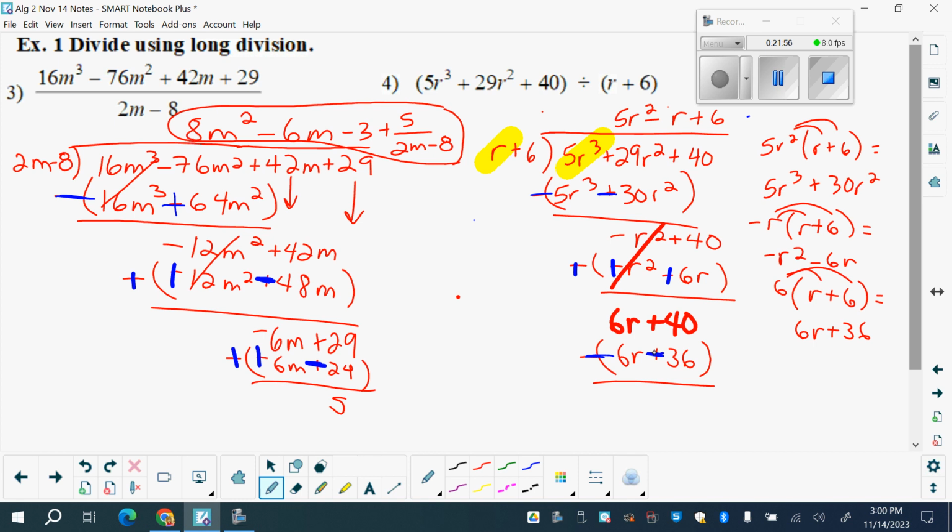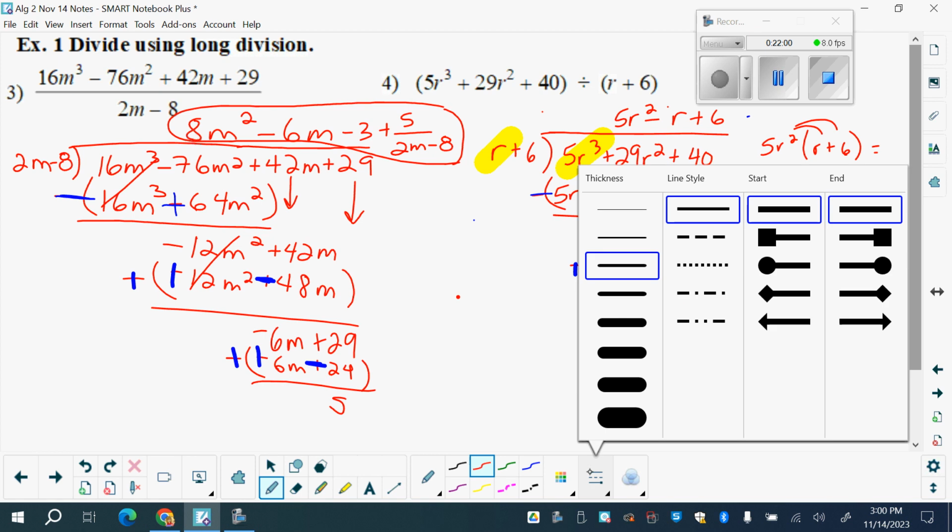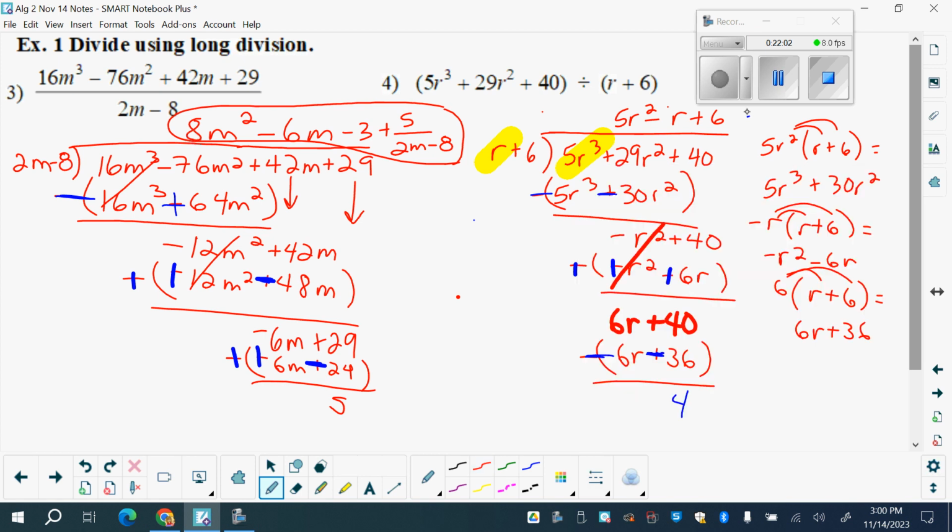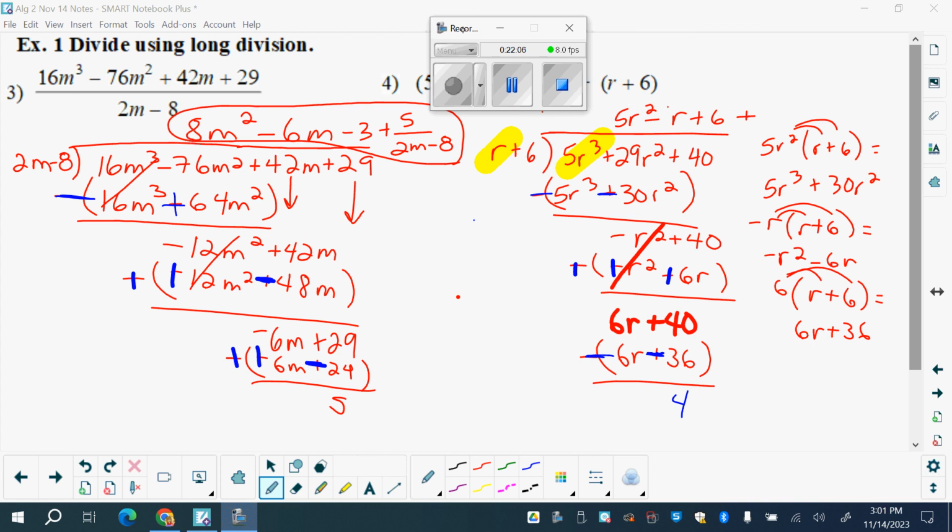And then this would give us 4. And so we write that as plus 4 divided by r plus 6. Whoa. Yeah. Questions on that?